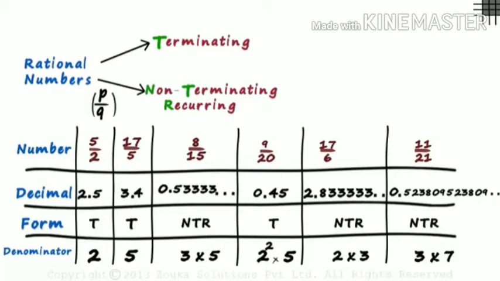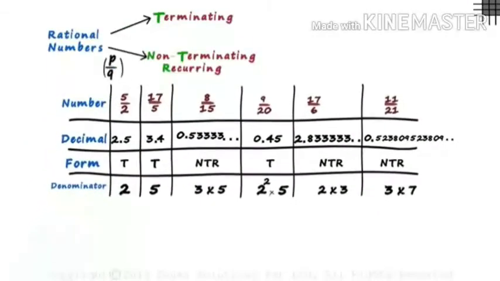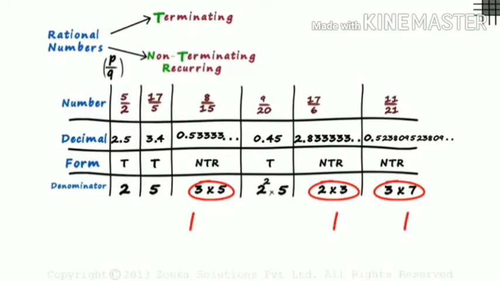Let's observe the denominators of the terminating decimals. The prime factors of the denominator are either 2 or 5 or both 2 and 5. Now let's look at the prime factors of the denominators of non-terminating recurring decimals. They have numbers other than 2 and 5. Yes, that's the trick.